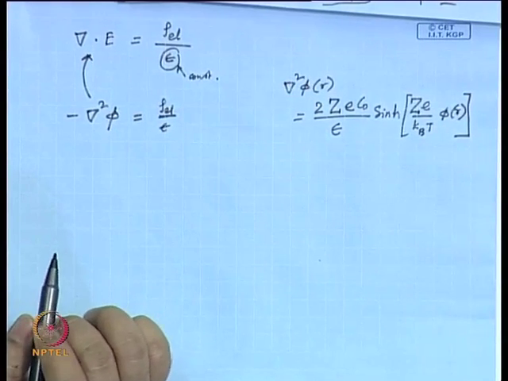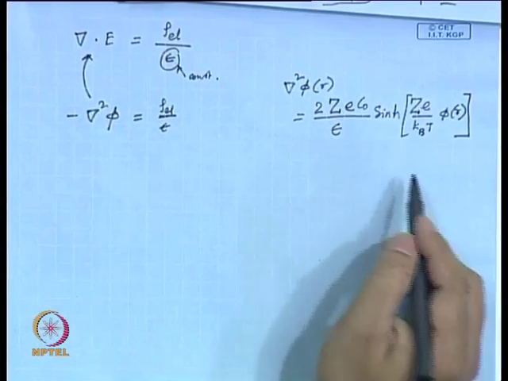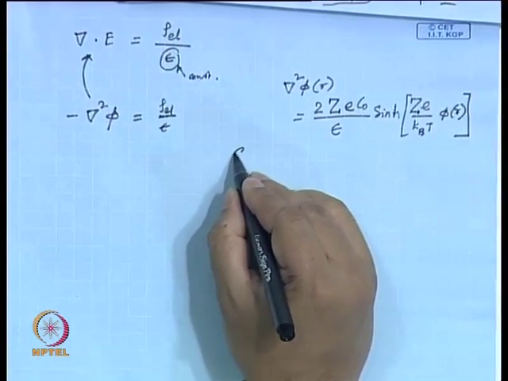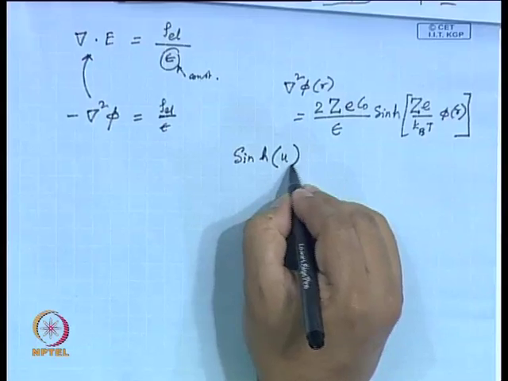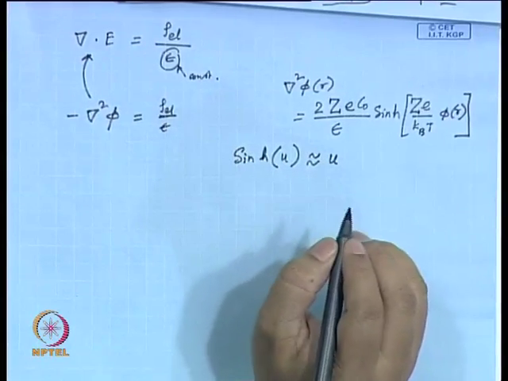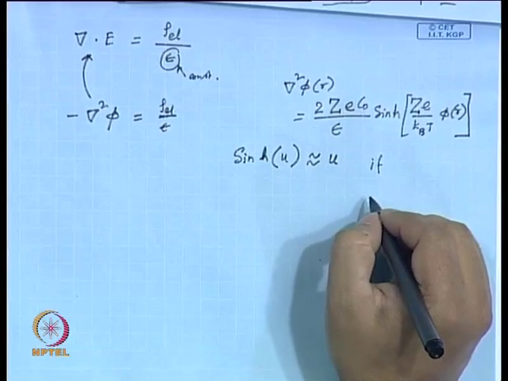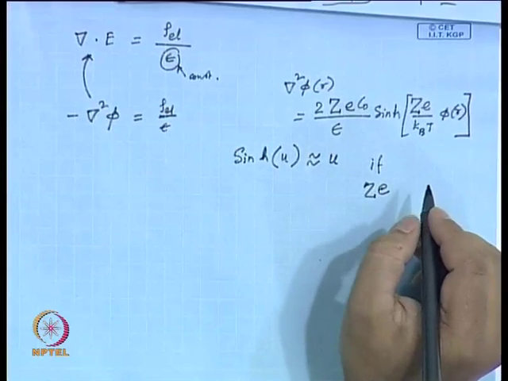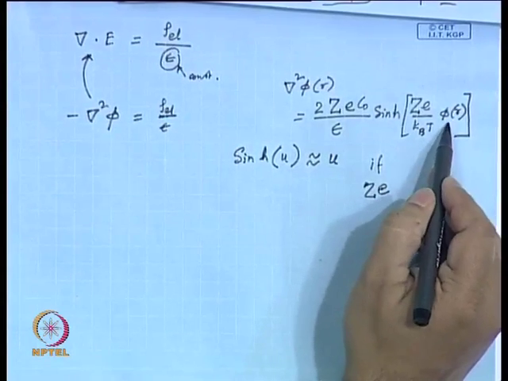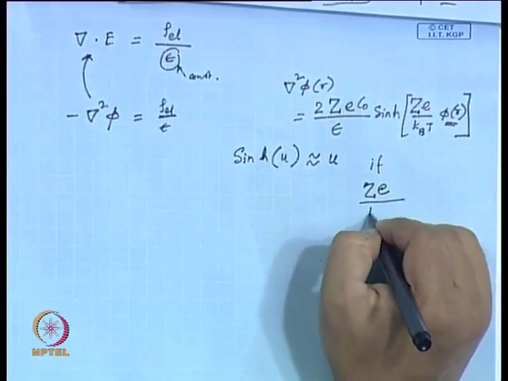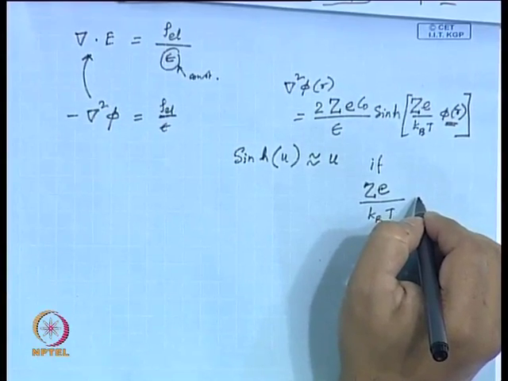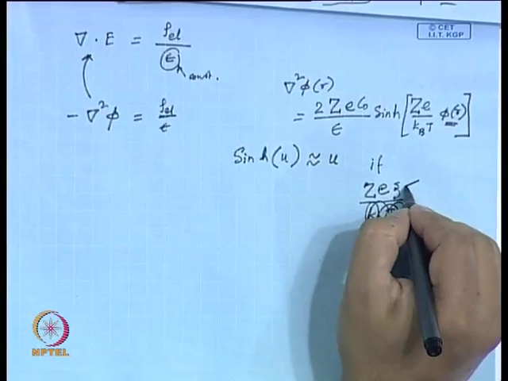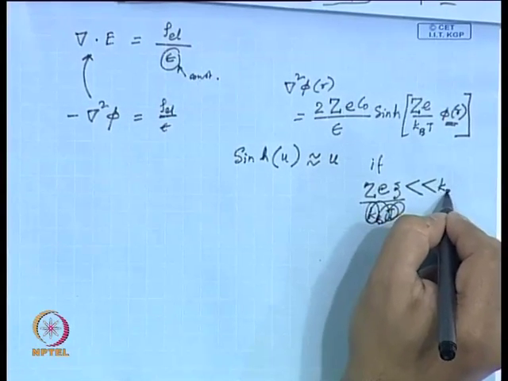Now, if you take a Taylor expansion of this sinh term, you can write sinh of u is close to u if Z e phi, or let us say Z e zeta, I write this as zeta, I will explain what zeta is, is much less than kBT.